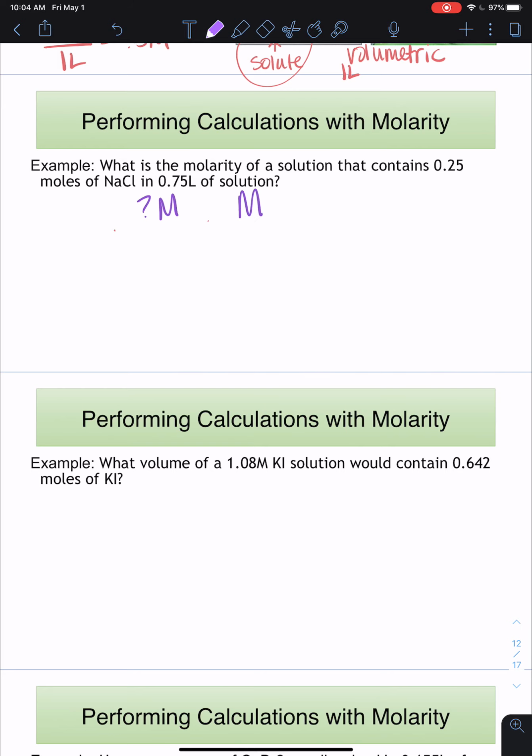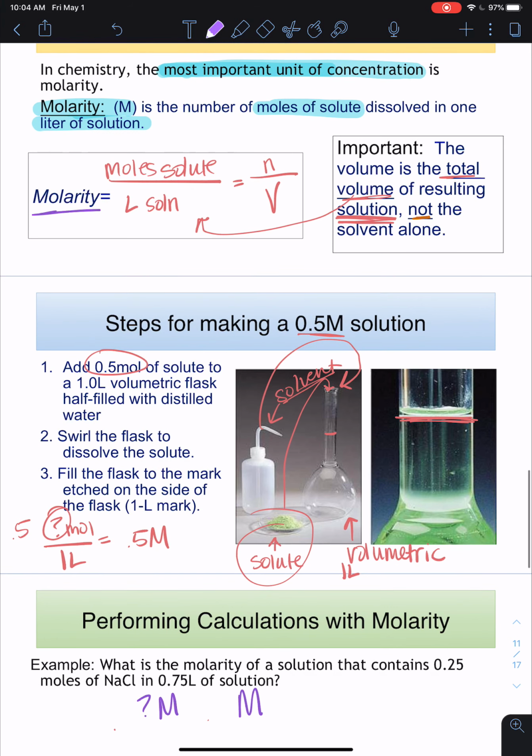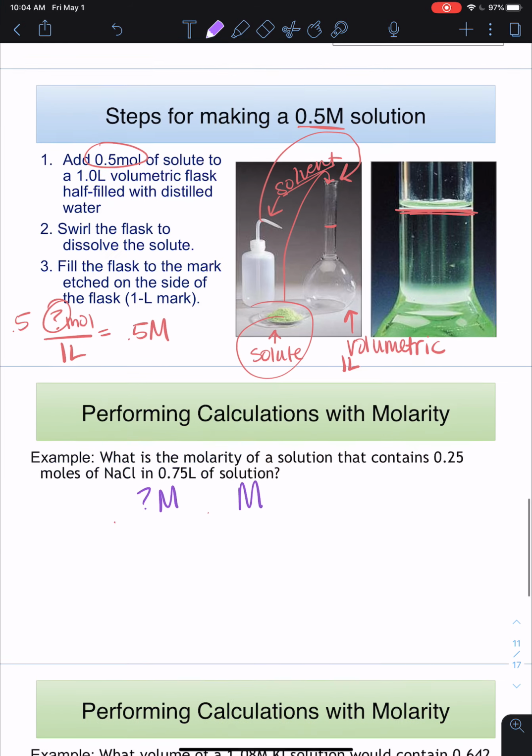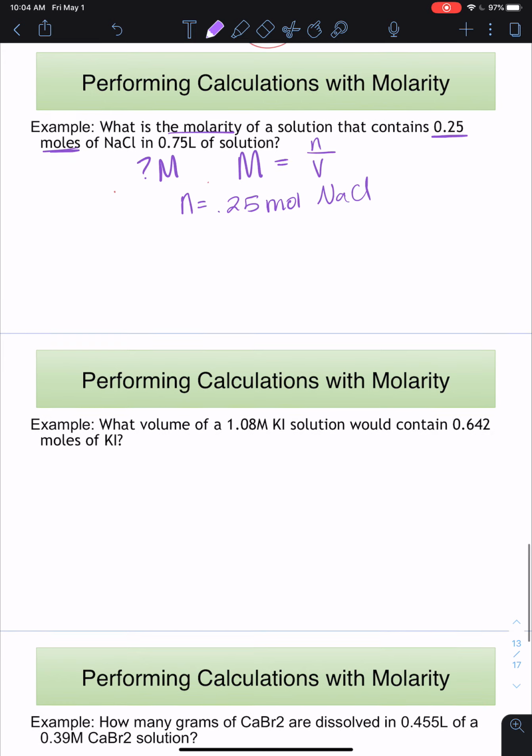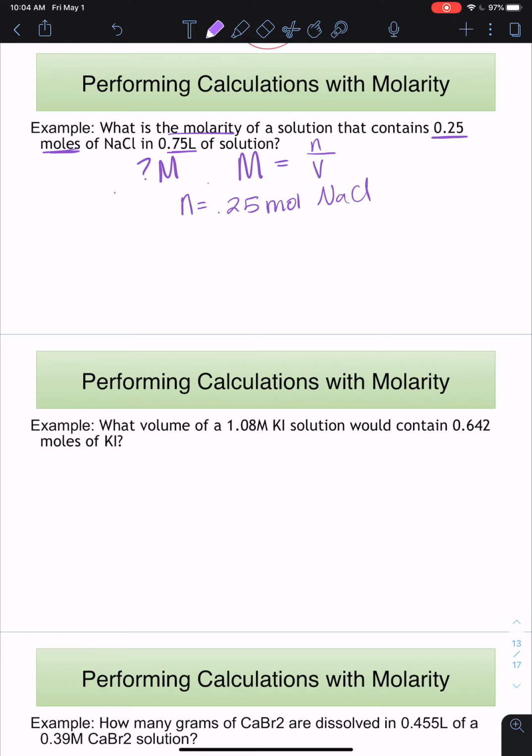And we know from up here that molarity is N over V. So I know that molarity is the number of moles over the volume. And so what is the molarity of a solution that contains 0.25 moles, so N equals 0.25 moles of sodium chloride, in a 0.75 liter solution? So V equals 0.75 liter solution.